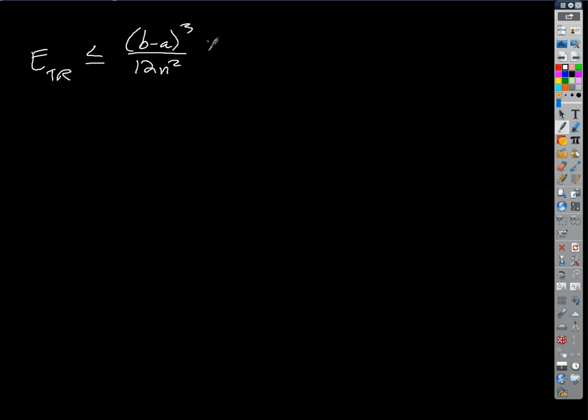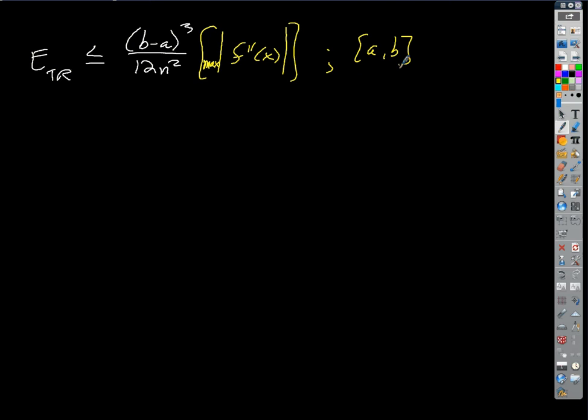Okay, times, and this is the weird part, times the maximum of the absolute value of the second derivative of the function on your interval, okay? So that's a weird animal right there. We'll talk about that. Okay, and then this is going to be on your interval.